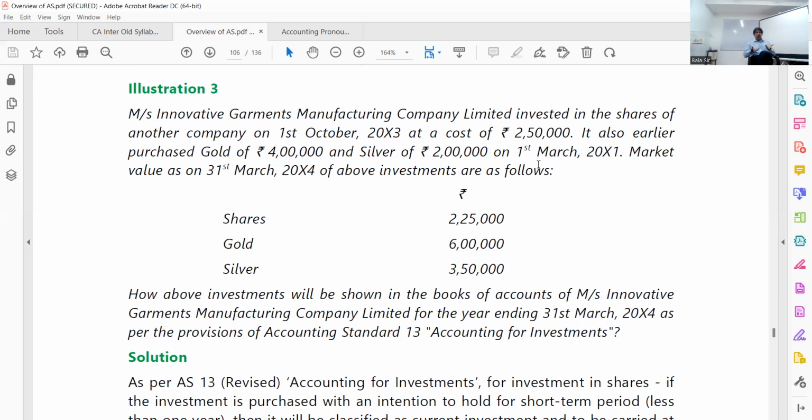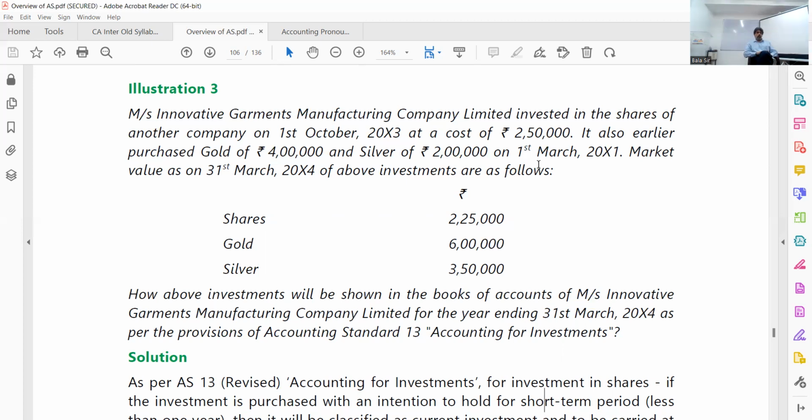We don't know. Nothing is given in the question. You haven't sold it, you are still holding the shares. But are you going to hold it for more than 12 months or less? Whether you want to sell sometime in April, May, June 20x4, or hold it beyond 1st October 20x4, depends. Nothing is given. What do you assume?